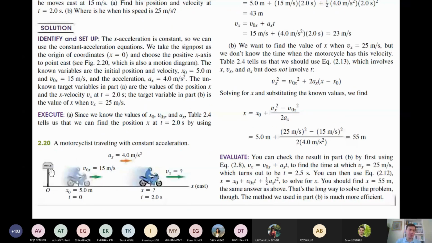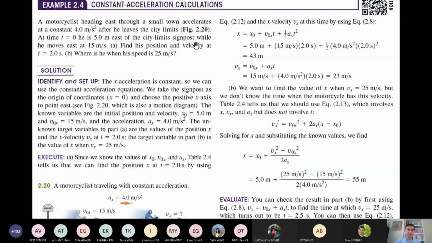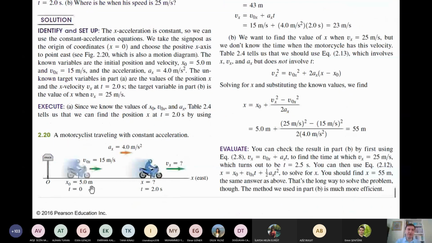Okay, at time t equals 0, he is 5 meters east of the city limits signpost. Here, when the time is 0, the distance between the motorcyclist and the city limit sign is 5 meters. And his velocity is 15 meters per second.